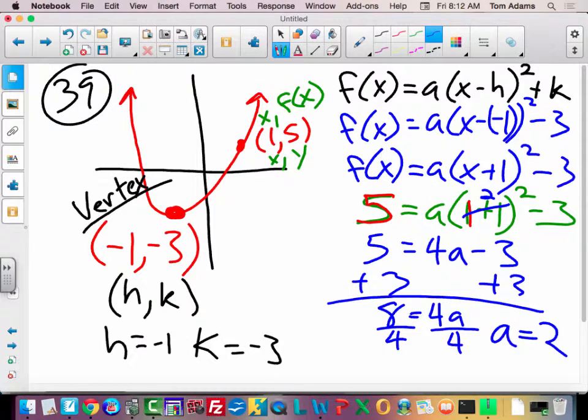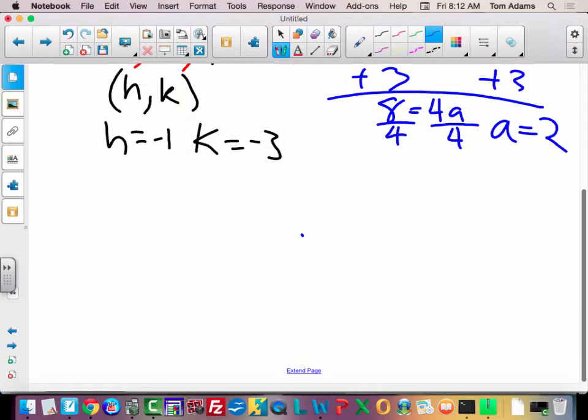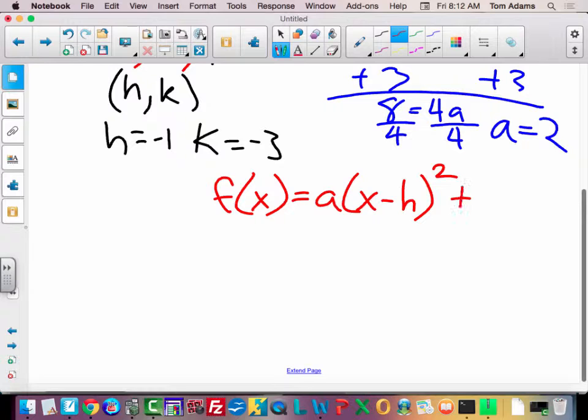So if I have h and k, and now I have a, I can write the equation of the line. So vertex form is this: f of x is equal to a times x minus h squared plus k.